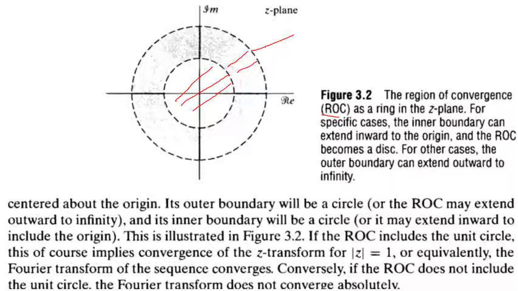Why are we saying this is the region of convergence? I can take the values of Z which are greater than this circle, or the values of Z which are between these two circles, or the values of Z which are inside this circle only. Okay, so this is the region of convergence. Let's move on to the next slide.